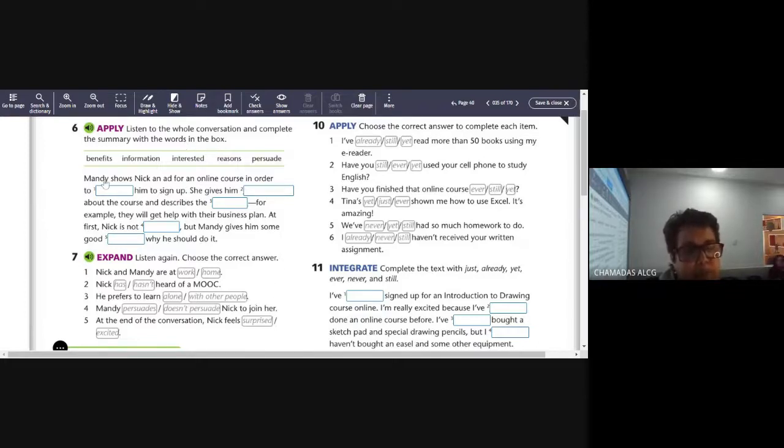So here we have the words benefits, information, interested, reasons, and persuade. Are all the words clear to you? Great. So let's try to complete the first one.